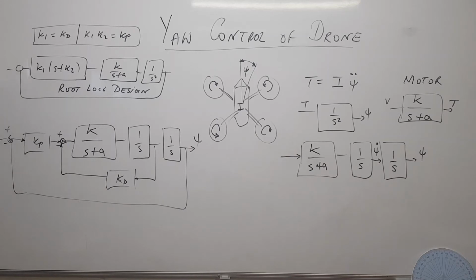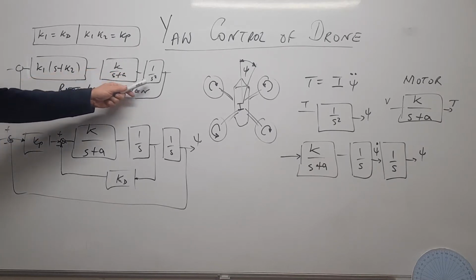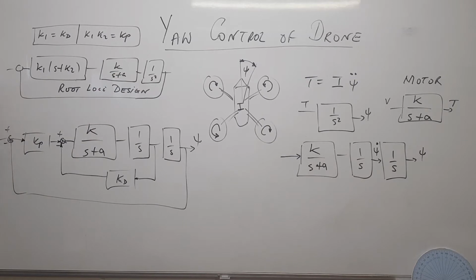So this is the underlying philosophy for our yaw control of the drone, and it comes down to a relatively straightforward root loci design from which we can use the angle and magnitude criteria to figure out good values for K1 and K2 and therefore KP and KD.